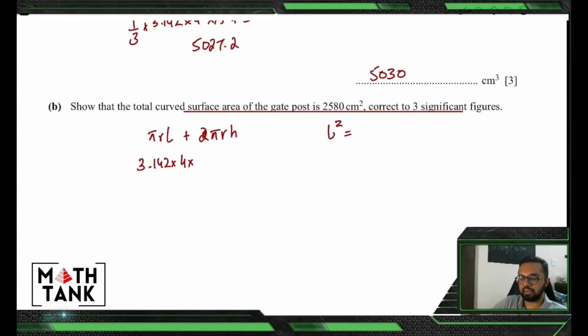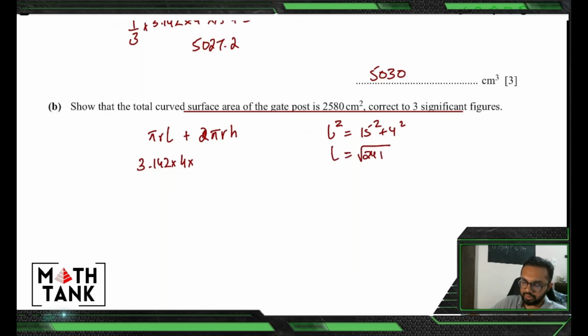L square equals 15 square plus 4 square. What's 15 square plus 4 square? That's 225 plus 16. That's 241. Okay, let me just be absolutely sure that I'm doing it correct. So L is basically root of 241.